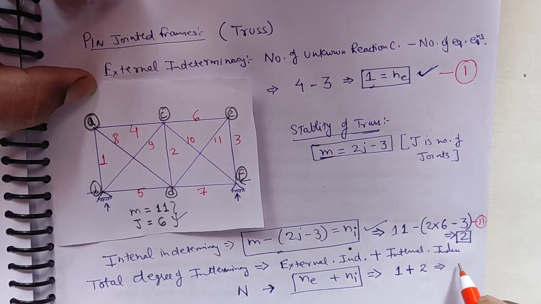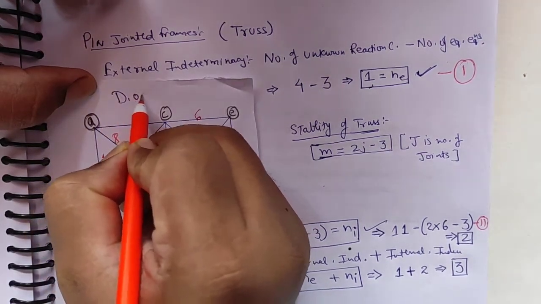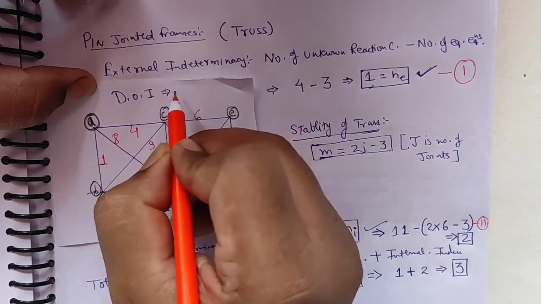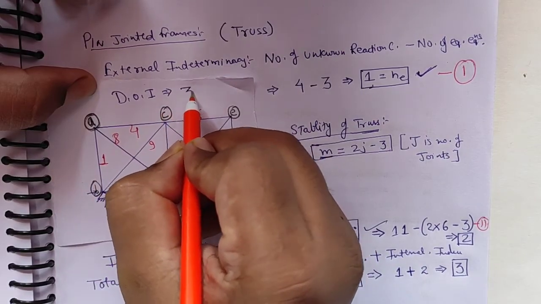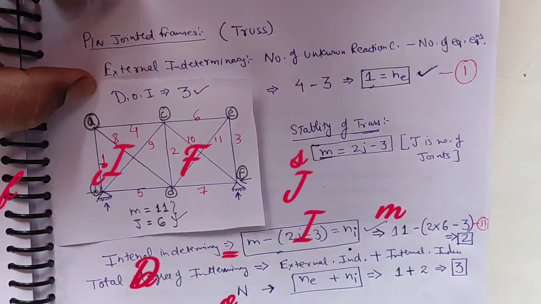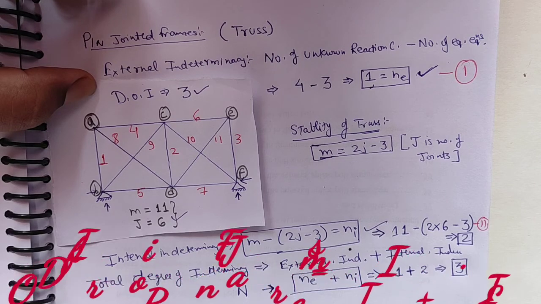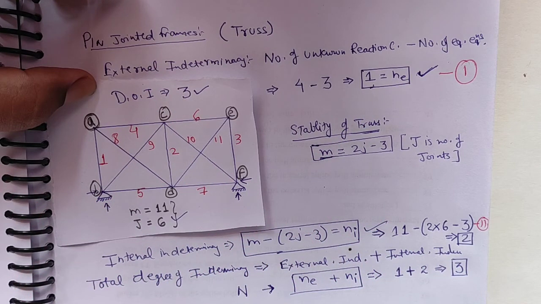So the total degree of indeterminacy for the given truss is 3. Remember that for pin jointed frames the total degree of indeterminacy is the sum of internal plus external indeterminacy.